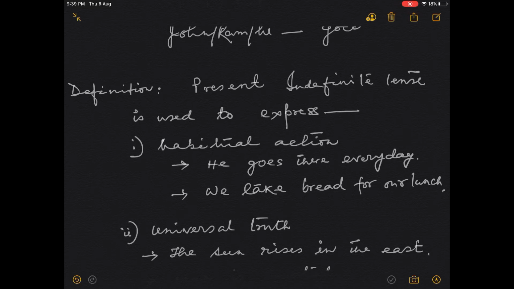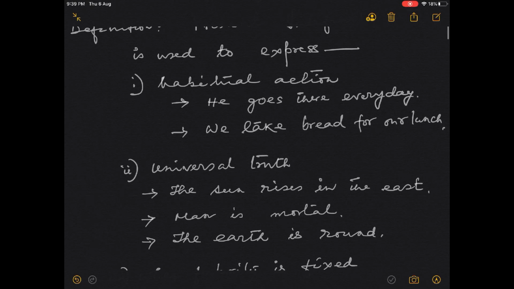See the examples. He goes there every day. He goes there every day means it is his habit to go there every day. Another sentence, we take bread for our lunch. We can say the same thing in different way, that it is our habit to take bread for our lunch.